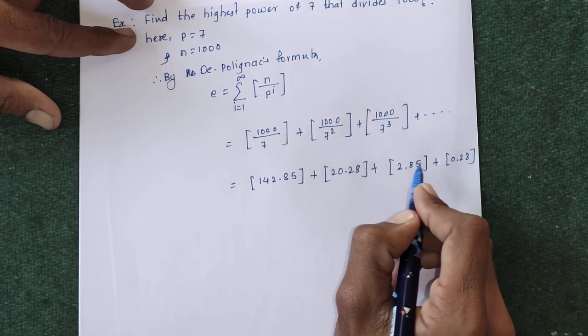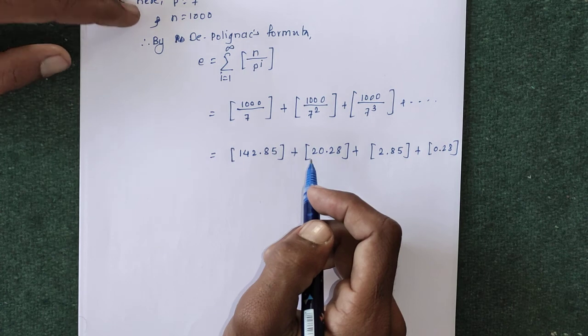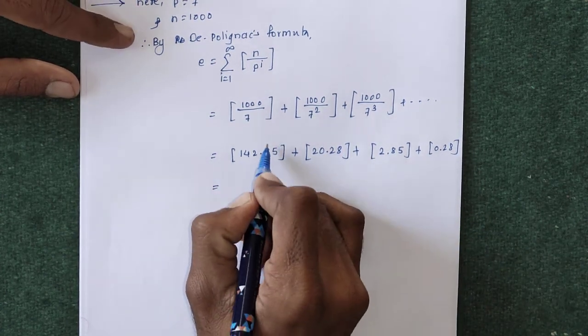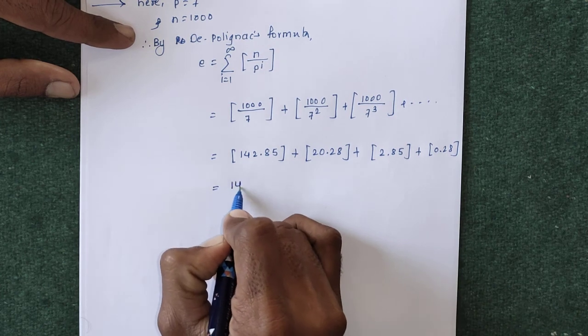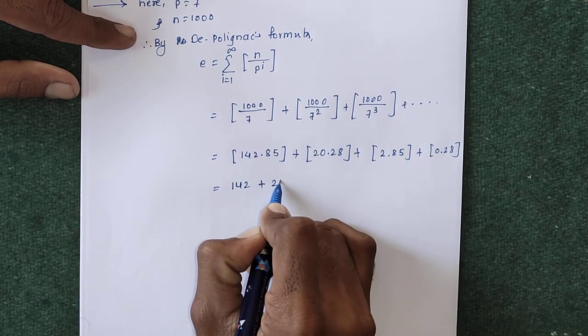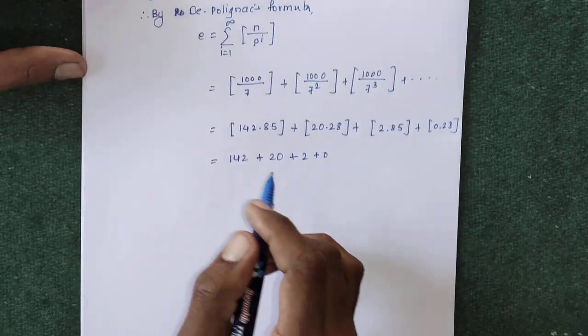The definition of greatest integer function is the greatest integer less than or equal to the number. So the greatest integer function of 142 point something is 142, plus 20, plus 2, plus 0 plus 0, and so on.